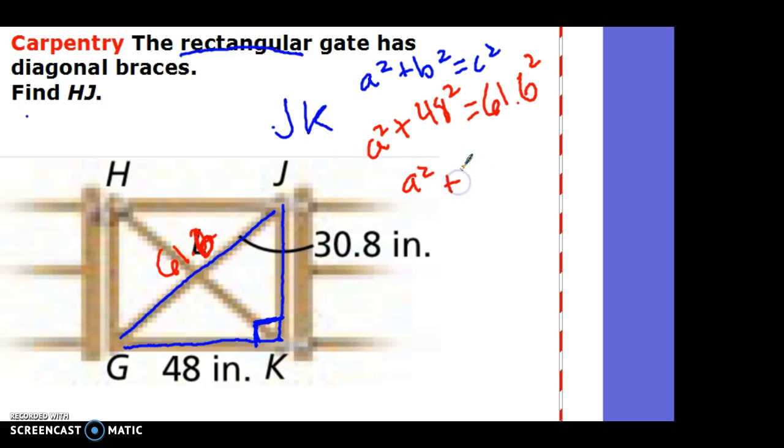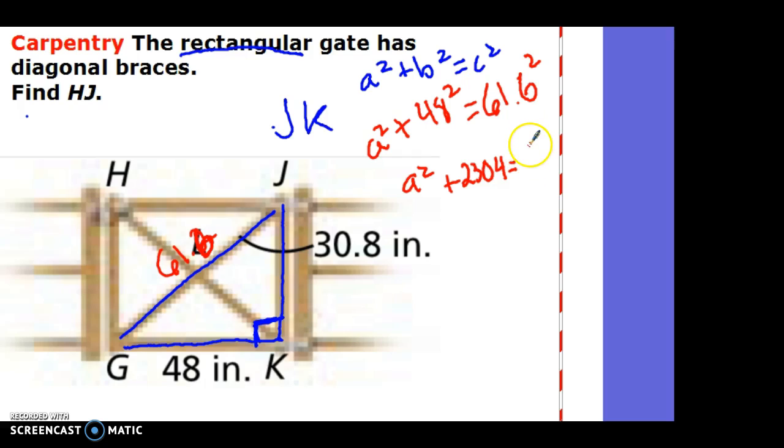What is 48 squared? Can someone plug it in their calculator? 2,304. What is 61 and 6/10 squared? Someone's got to help me out.